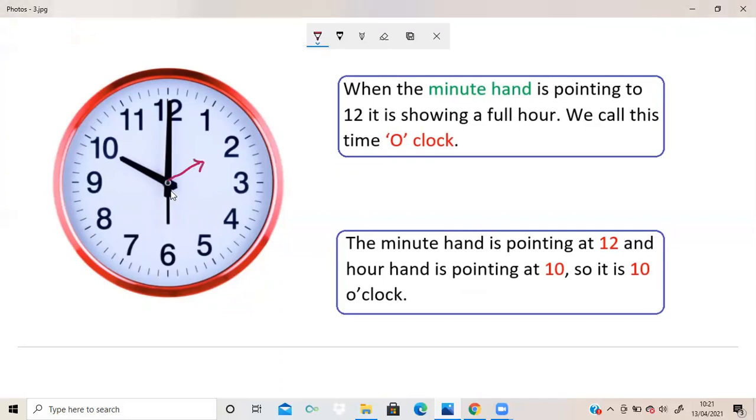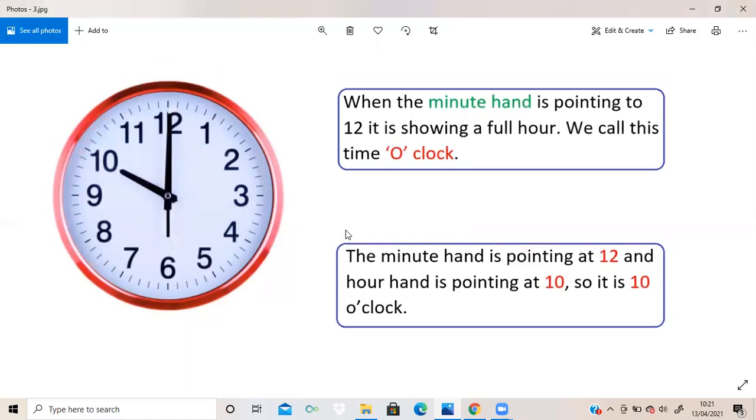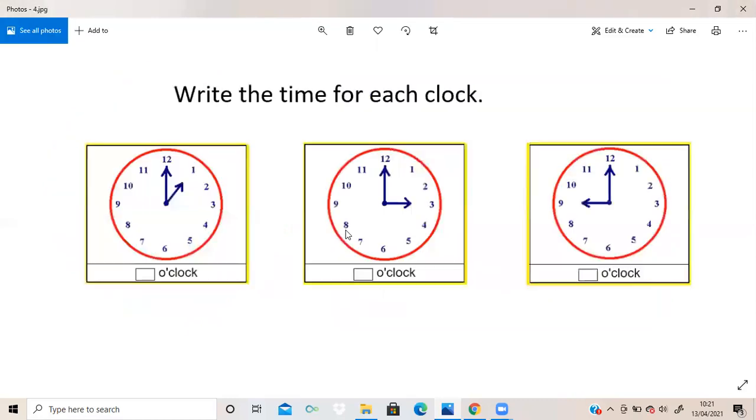The same way, if the minute hand is pointing at 12 and the hour hand is pointing at the number 8, that means it's 8 o'clock. So this is the way we can say o'clock. Let's go to the next video, then we can practice some other times. It will be easy for us.